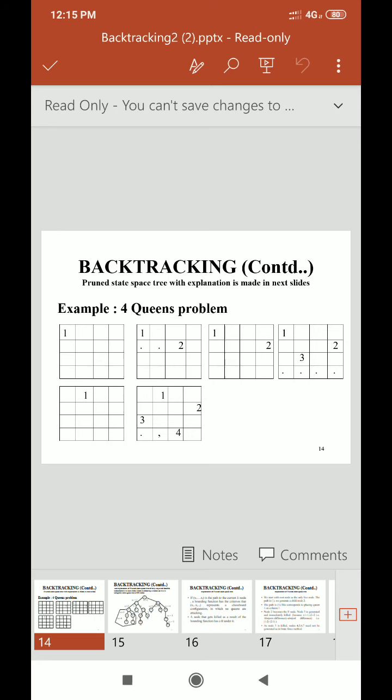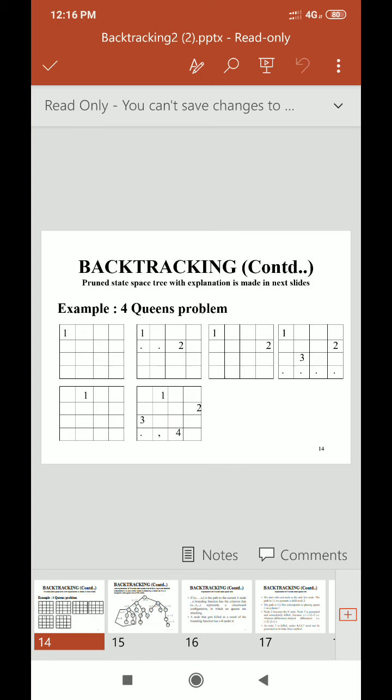And in chess, you know that there is a queen which can be moved in any direction: in the left to right diagonal, or from right top to left bottom diagonal, and vice versa, and in the vertical direction, and in the horizontal direction. In all the directions the queen can move.